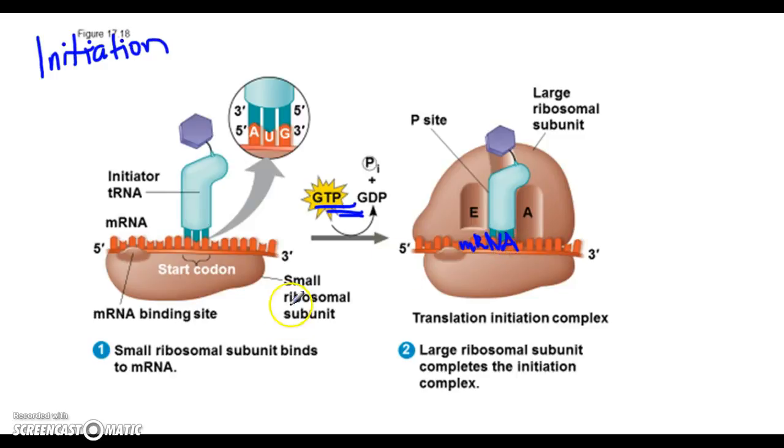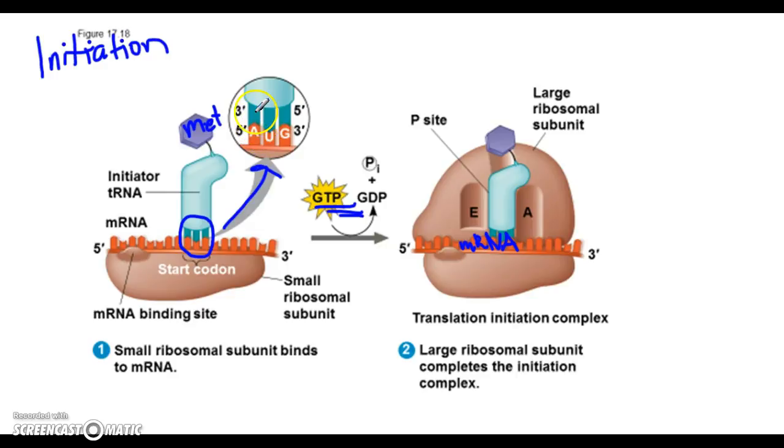If we zoom in and take a look at this site right here, you will see, sure enough, AUG is our start codon. If you look back at your genetic code earlier in the PowerPoint or open your book to that, you will see AUG codes for the amino acid methionine. So MET will be the amino acid that tRNA is delivering.